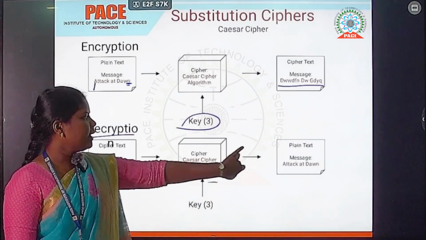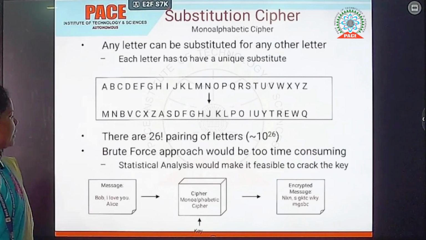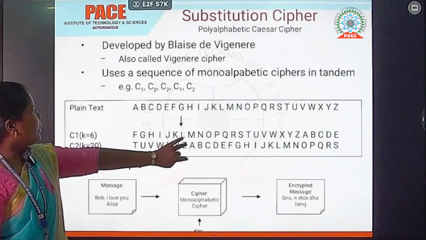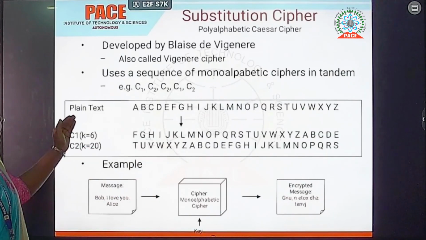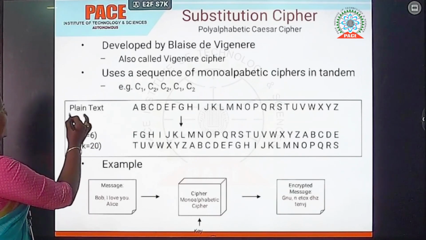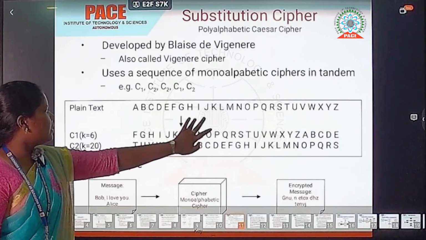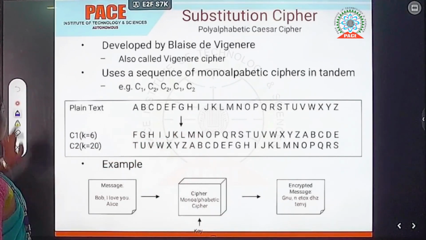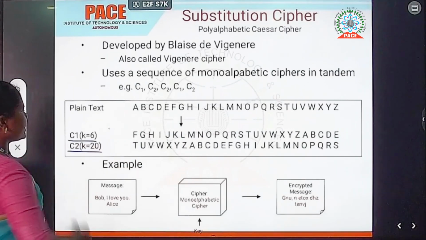So this is another example for decryption and encryption. Another example is, this plain text is going through the cryptographic method by using the keys. Here we have two ciphertexts for the plain text.